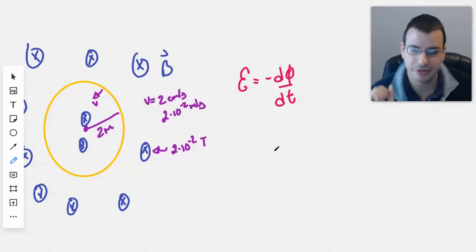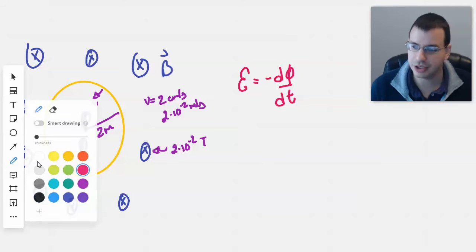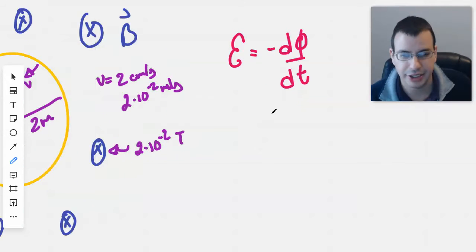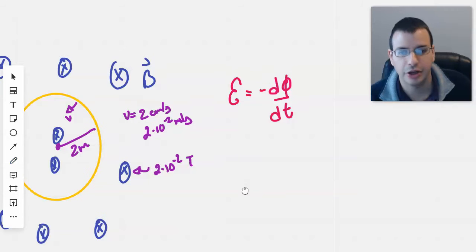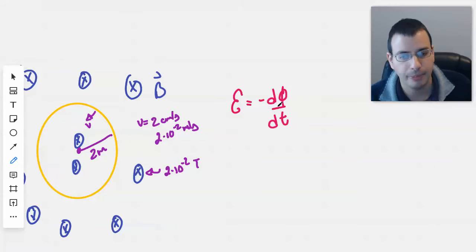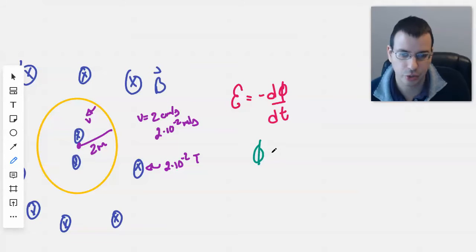And there's a couple ways of going through that. So the first way is looking at the formula and saying, all right, so we have an EMF, which will create a current. And this current will oppose, that's the negative sign, the change in flux with respect to time.